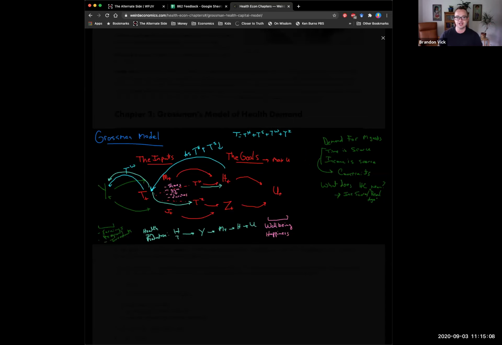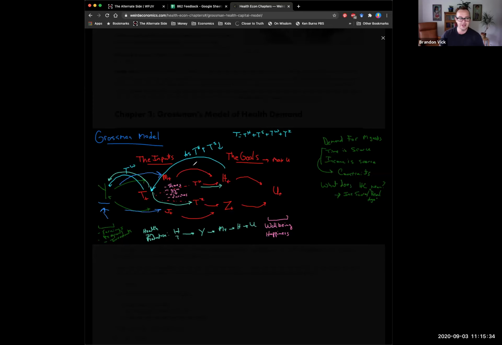Let's say that initially our income is pretty low. What are some of the basic aspects of a change in income? Income is right here, and let's say our income goes up. Well, the first thing our income is going to do is change our ability to buy M and J goods.